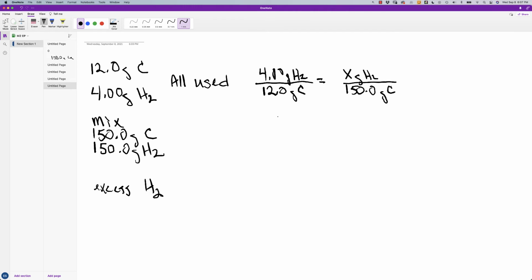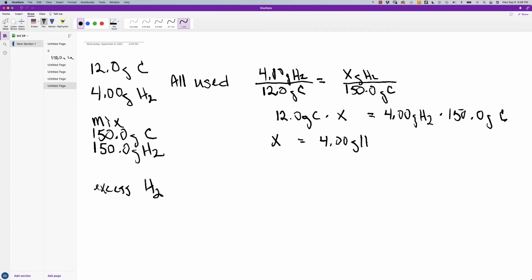Same thing, isolate. We've got 12.0 grams of carbon times X amount of hydrogen equals 4.00 grams of hydrogen times 150.0 grams of carbon. Isolate our X value. That gives us 4.00 grams of hydrogen times 150.0 grams of carbon, all divided by 12.0 grams of carbon.